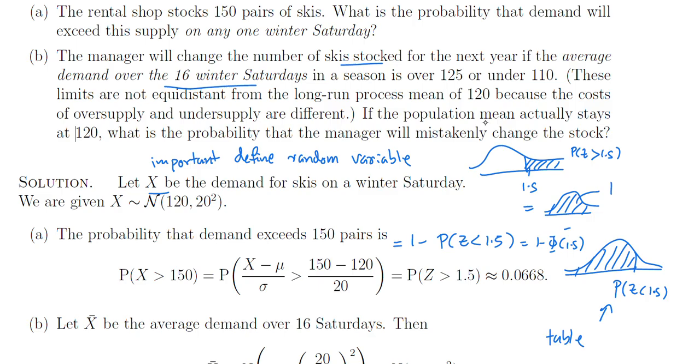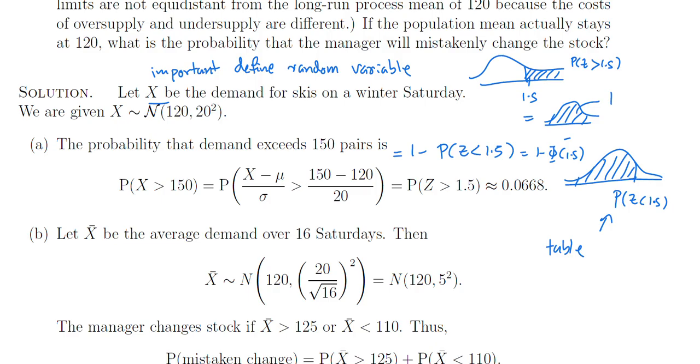But if we assume that the actual mean stays at 120, what is the probability that the manager will mistakenly change the stock? To answer that, we calculate the probability of the mean being larger than 125 and less than 110. So again, we need to define another random variable.